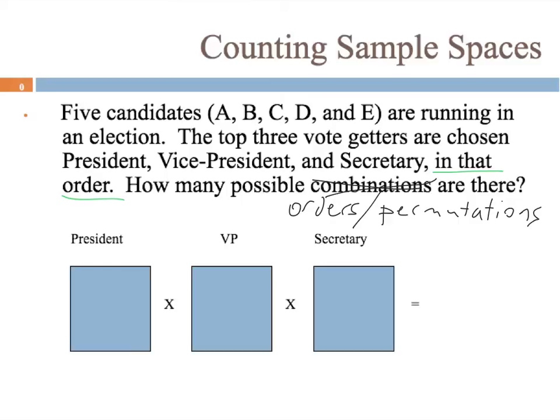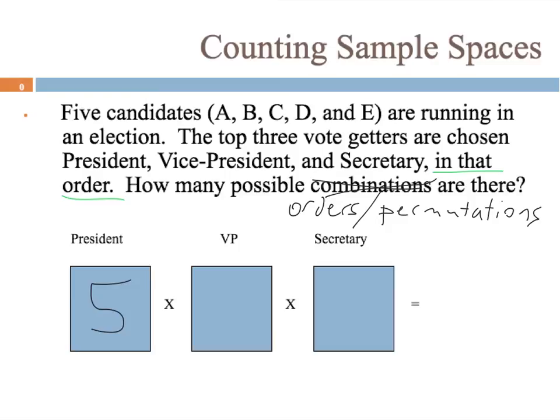But anyway, for president, that's the first thing that's available. There are 5 people running for president, so I'm going to put a 5 in this box. After somebody wins president, let's say, for example, candidate C wins.